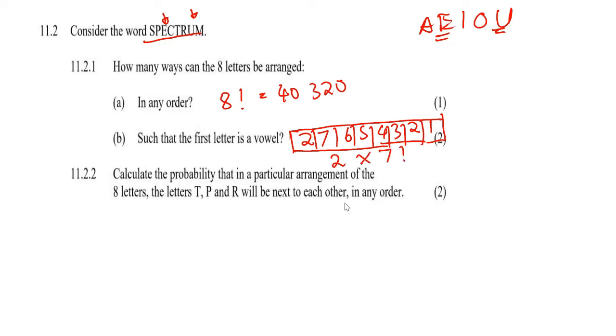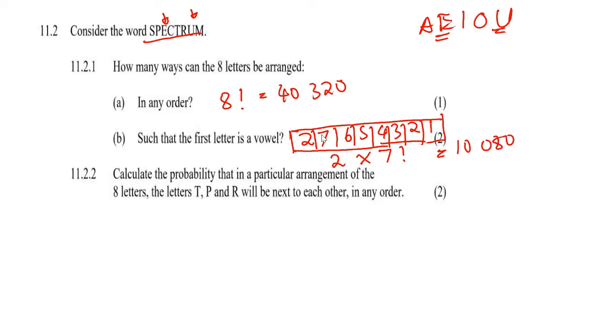So that's supposed to give us 2 times 7 factorial, and then that's 10,080 arrangements, right?